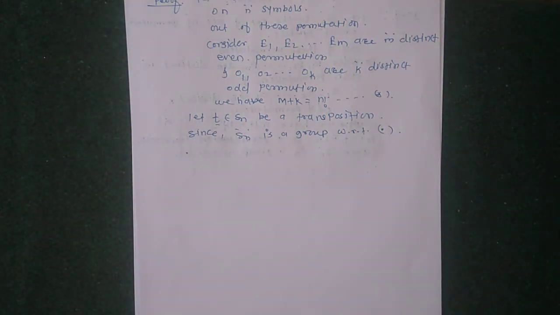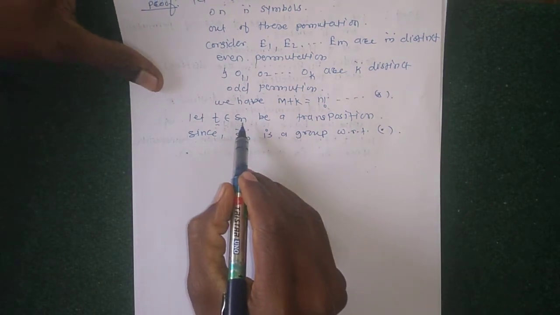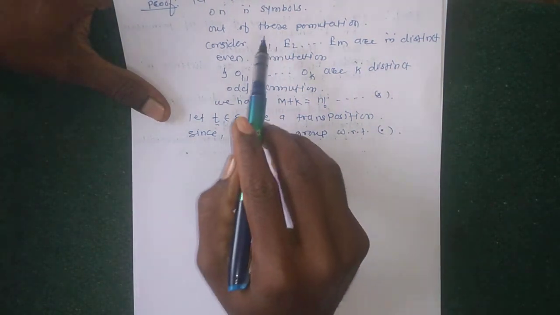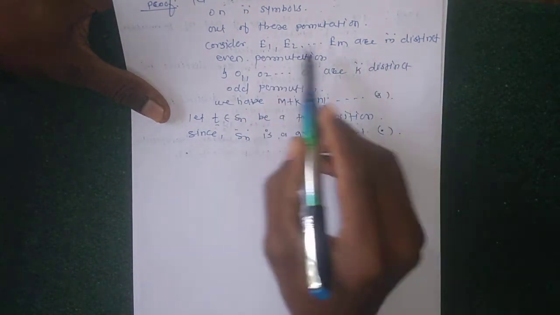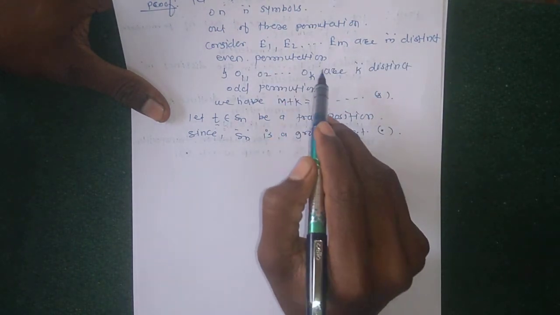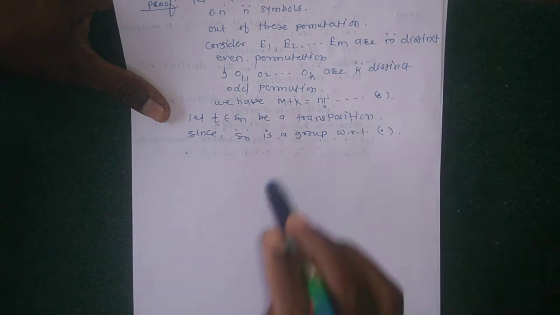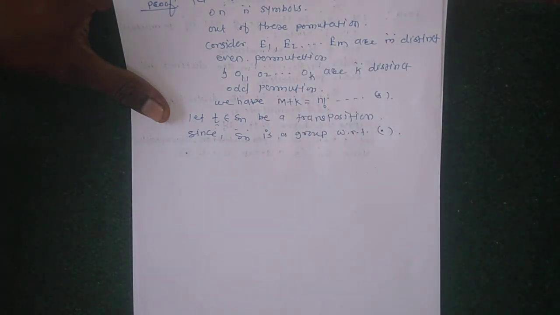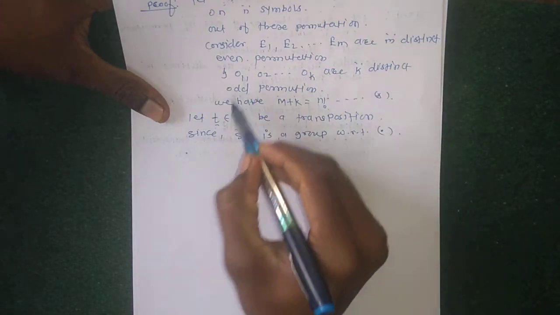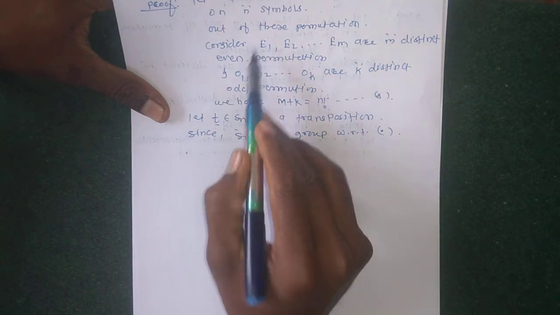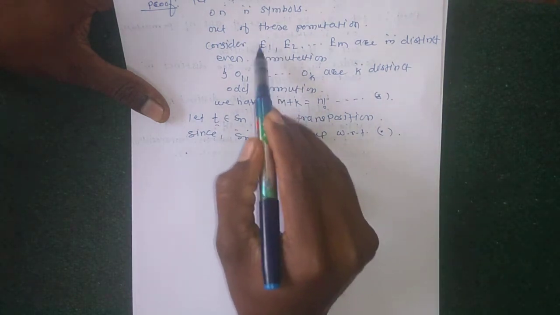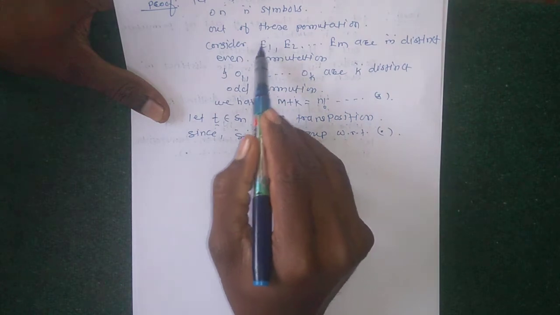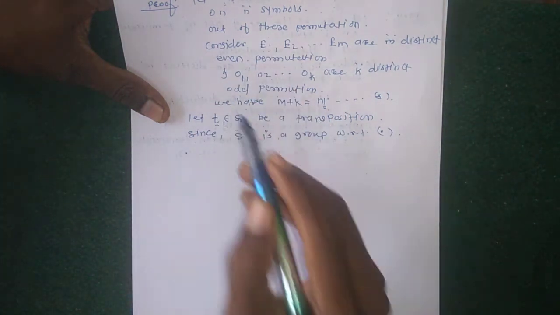Here t belongs to Sn and is one permutation, and e1, e2, up to em are even permutations. An even permutation is a product of an even number of transpositions, each a cycle of length 2. Multiplying t by this even number of transpositions, their product is odd.